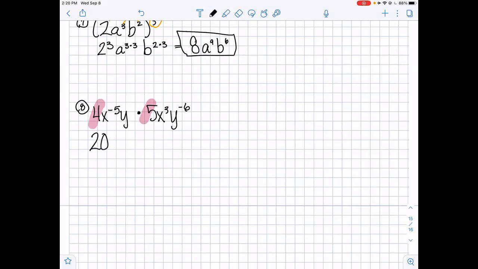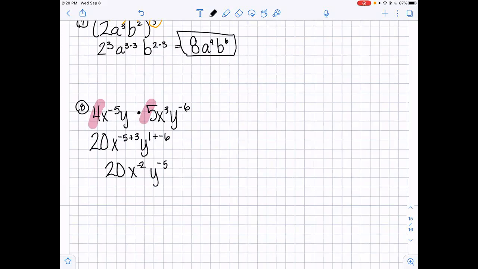Okay, what do I do with exponents in a product rule? Add them. So I've got x to the negative 5 plus 3. Y to the 1 plus negative 6. What's negative 5 plus 3? Negative 2. What is 1 plus negative 6?